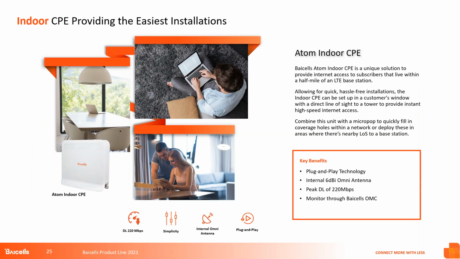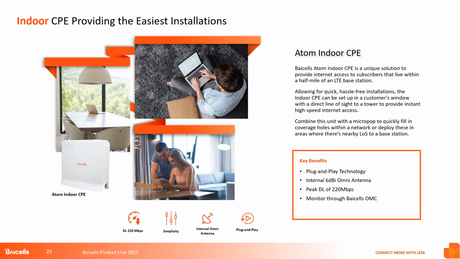So the indoor device is actually one of the devices I like to talk about. And this is where you're getting into very different use cases. So choosing the Cat 4, Cat 6, high gain, low gain, outdoor CPEs, it's a little more trivial in terms of what the form factor is, what CPE you like the best, which one you think is going to either look the best or have the lower price or have the capabilities that you need for your customers.